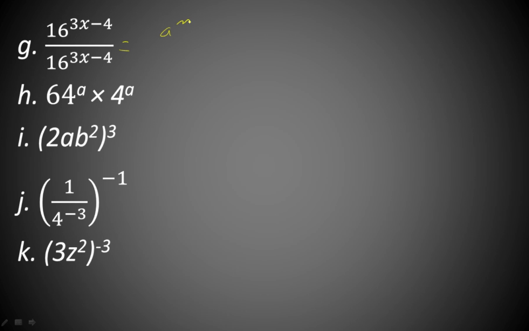Or in short, we can make it 16 to the power of 3x minus 4, minus 3x minus 4 from the lower part. This means 16 to the power of 3x minus 3x minus 4 plus 4, because minus times minus is plus.